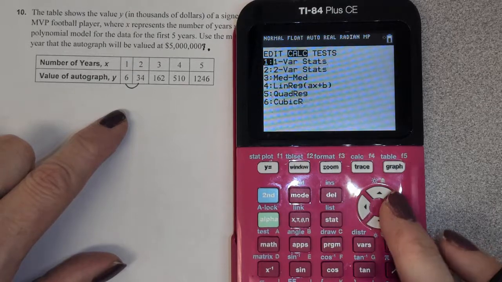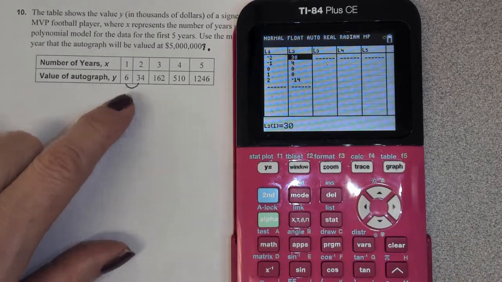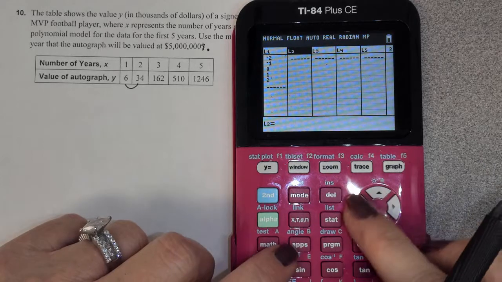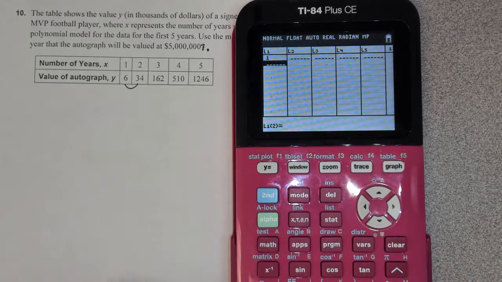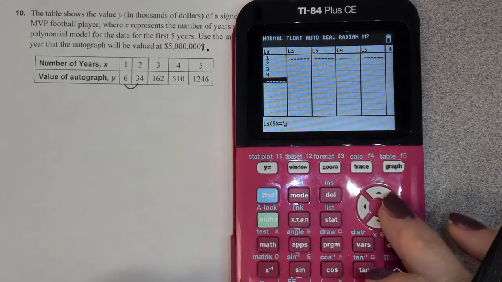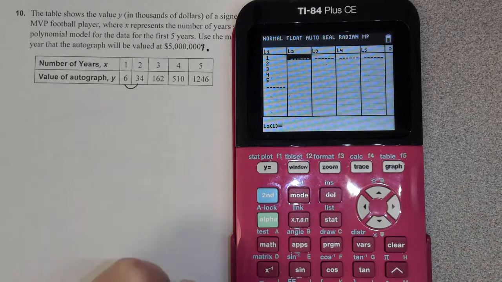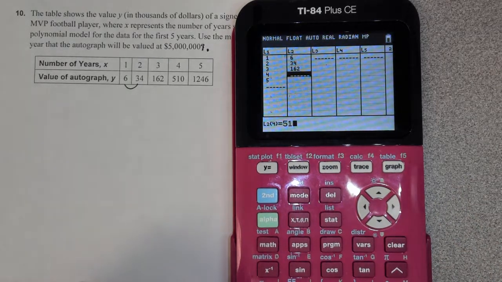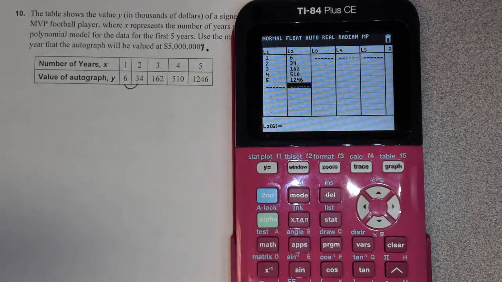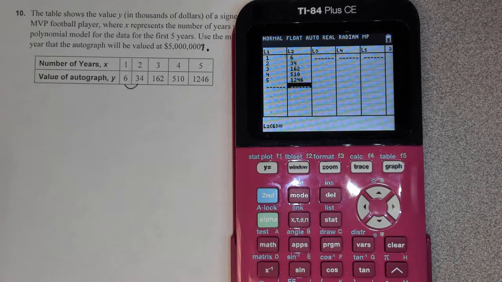We're going to go to Stat, Edit. What do you guys think this is? Is it linear? Could it be linear? Could it be quadratic? Probably not.